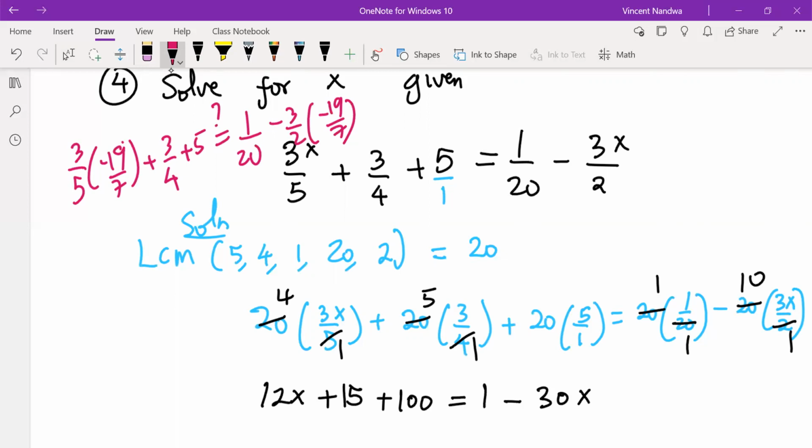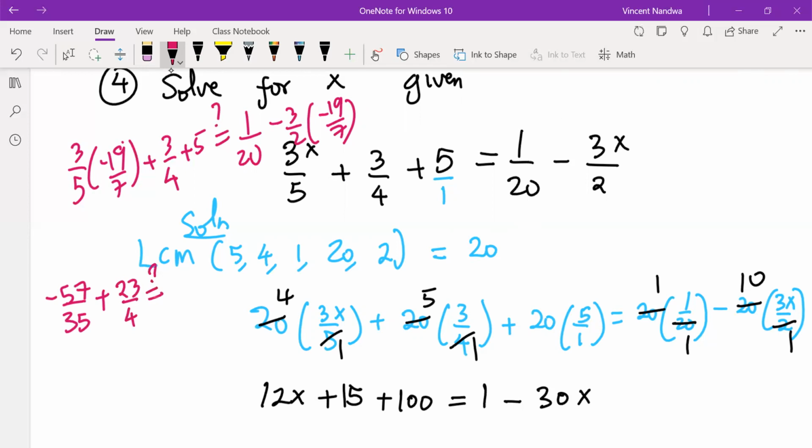So 3 over 5 times minus 19 over 7, we get minus 57 over 35, plus 3 over 4 plus 5, which is 23 over 4.